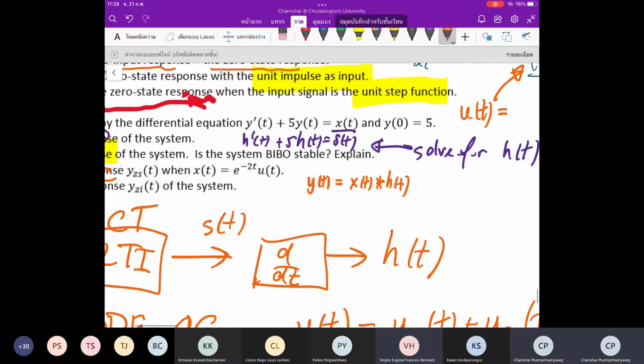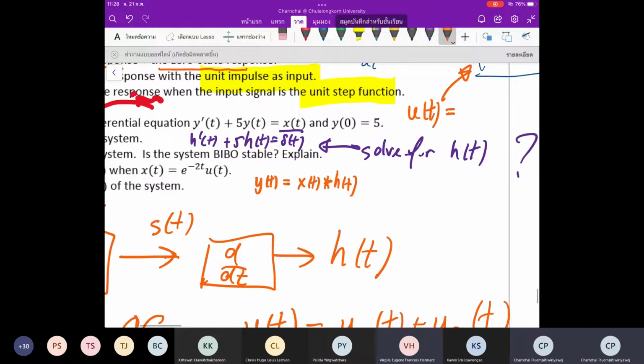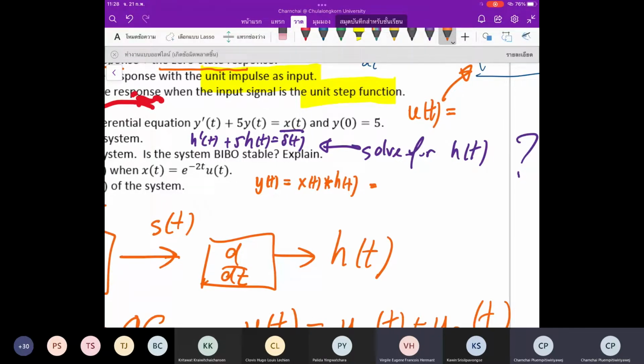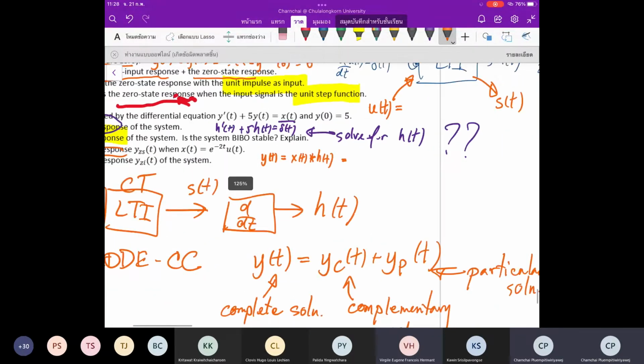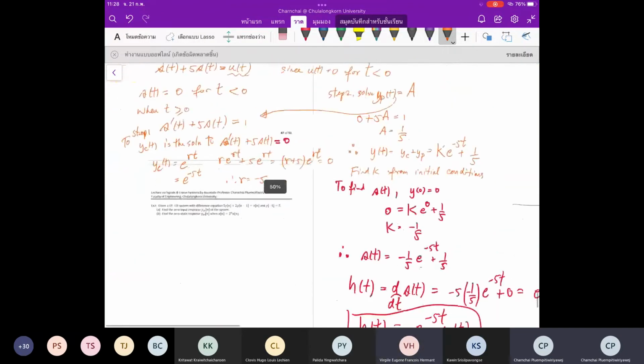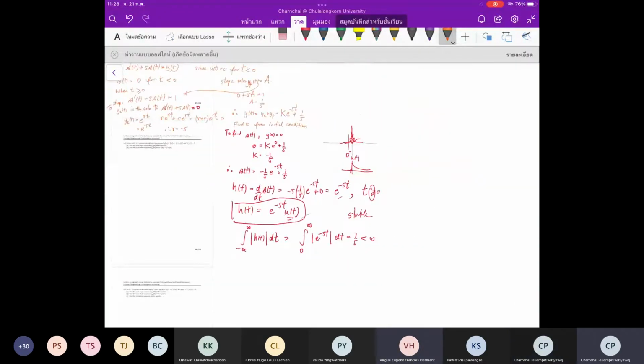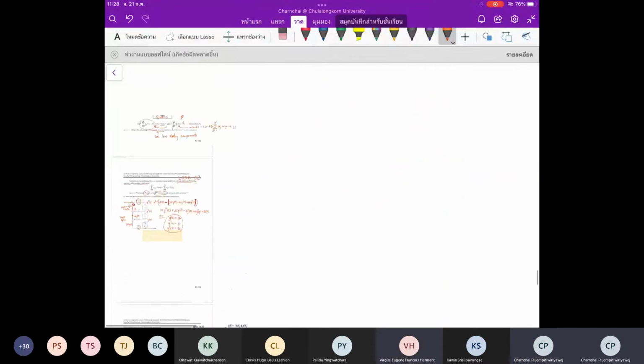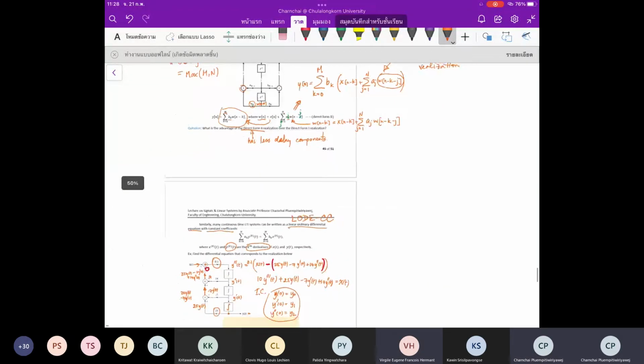You can just convolve them together. I'll let you do it as homework.